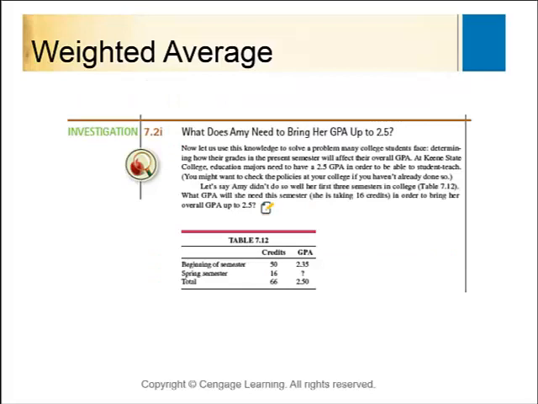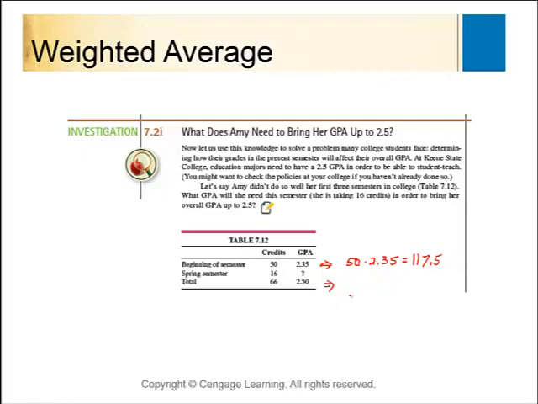Lastly, we've got some grades here and we need to have a 2.5. So let's figure out how we're going to look at this. Now, this is worth 50 times 2.35. Let me get that number. Okay, so that's what I got.